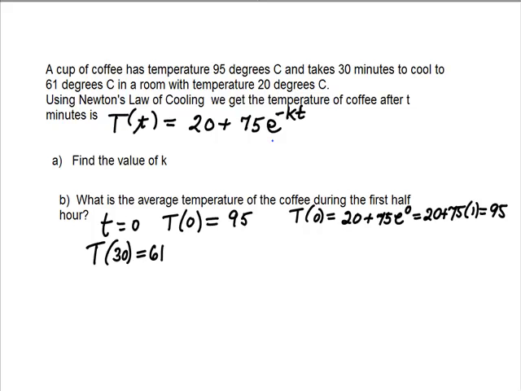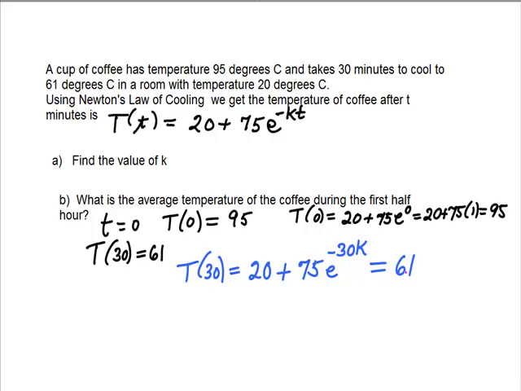So we can say that T of 30 is 20 plus 75 e to the negative k times 30, which is negative 30k, and that we know is 61 degrees.